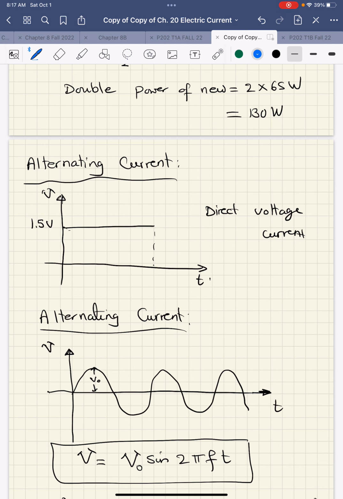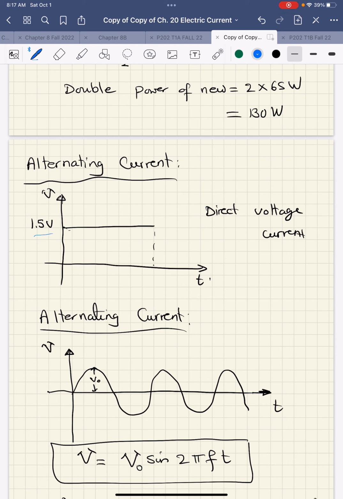Let's say I have a dry cell, like the regular batteries that we use. It gives me a constant 1.5 volts for the whole life of the battery, and therefore the current I get from that is always constant till it dies. We call this direct voltage or direct current, where the value stays the same.